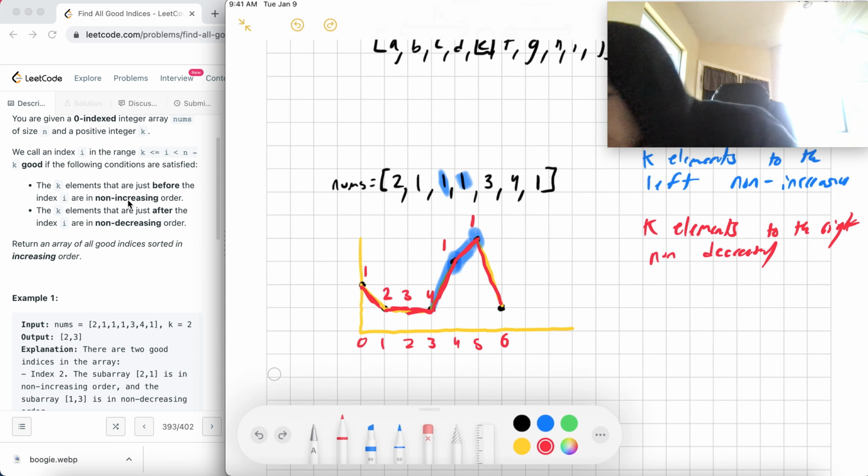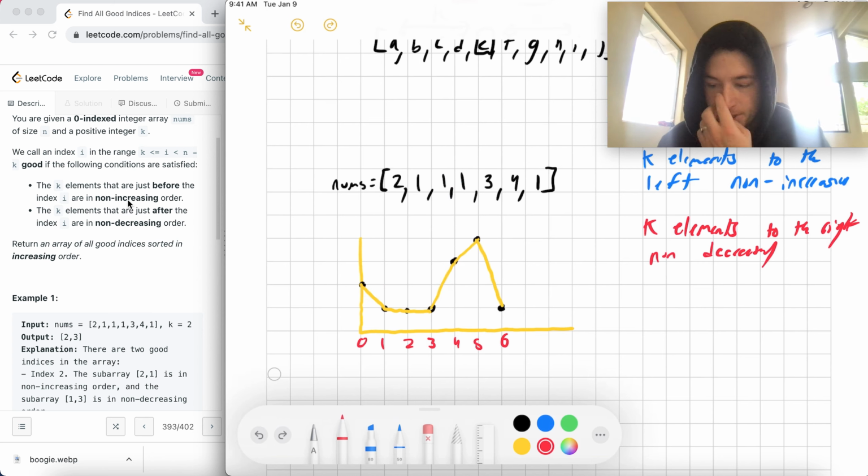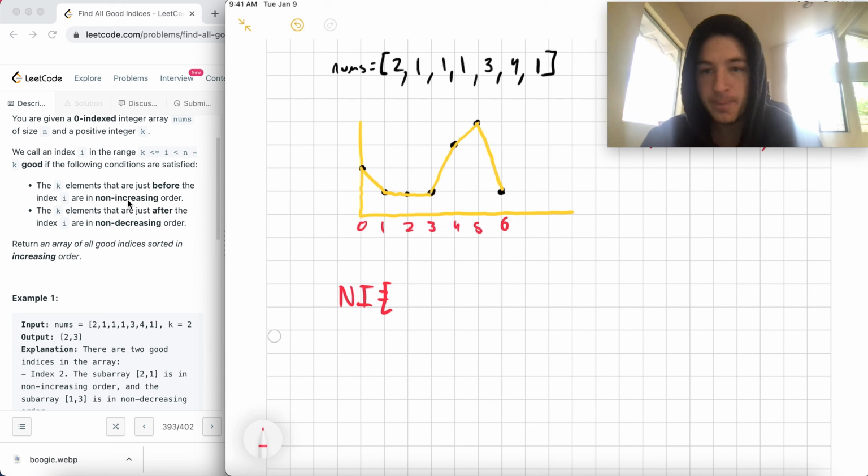So to summarize that, we could have this non-increasing array, I'll call it ni, which just tells you the number of things that are not increasing in a row at that point. So the first thing, there's 1, because it's just itself.